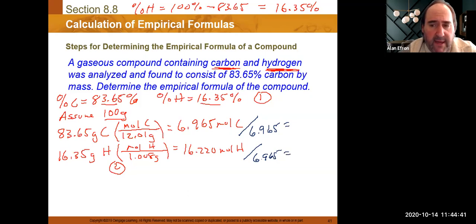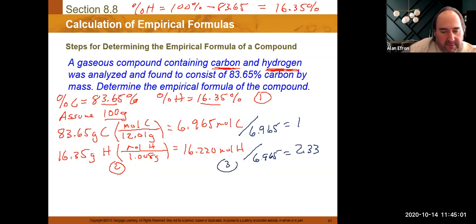If we do that, we end up with obviously 1 here. When we divide, we take our 16.22 divided by 6.965, which gets us something like 2.33. Once we divide by the smallest, which is the third step, that would give us our empirical formula.